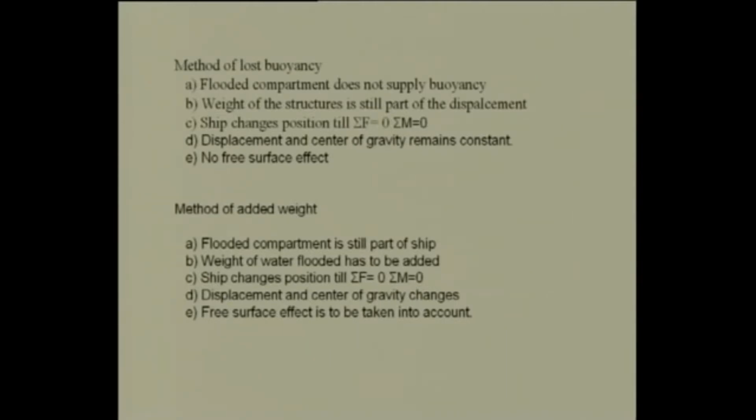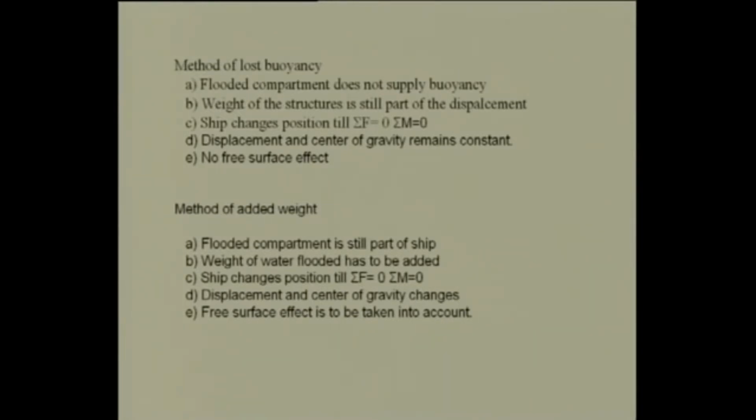This is an important section. If any of you take up a job in a shipyard, you will always be coming across damage. In fact, that is what shipyards do most of the time. You are not going to be building ships all the time, you will be repairing ships, because damaged ships keep coming. So you need to know these damage stability calculations.